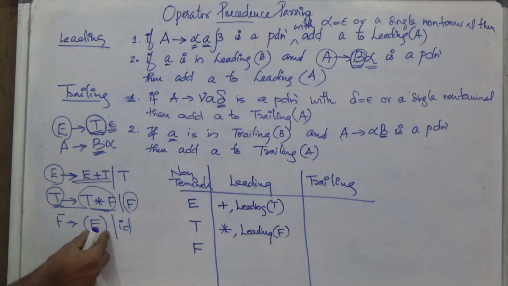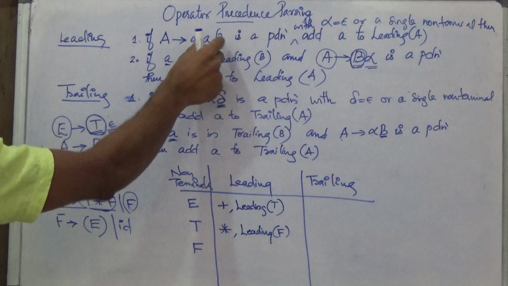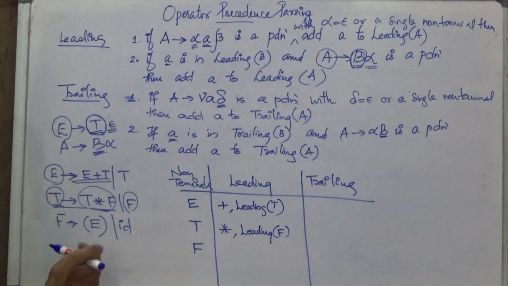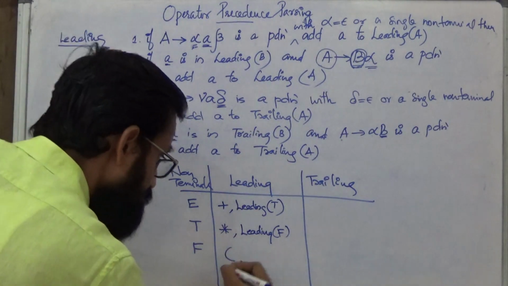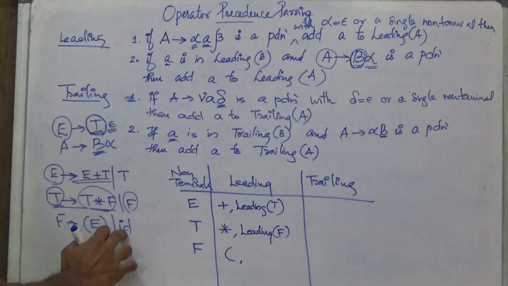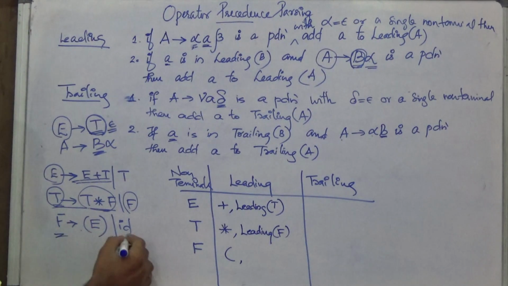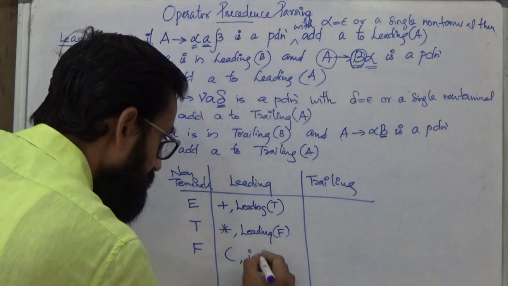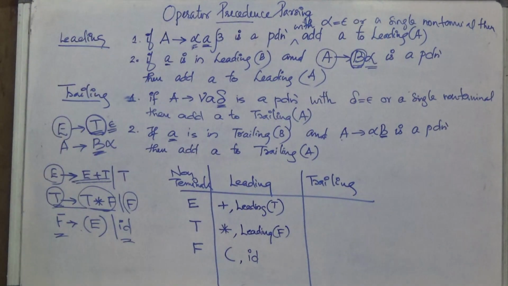Now what about leading of F? If I consider this particular production, that is opening parenthesis E, closing parenthesis, this actually matches with this one with alpha equal to epsilon. Nothing is there. So the first terminal symbol in the right hand side is opening parenthesis. So opening parenthesis will be a member. Again, if I consider the next production, F giving ID, ID is the first terminal in the right hand side.